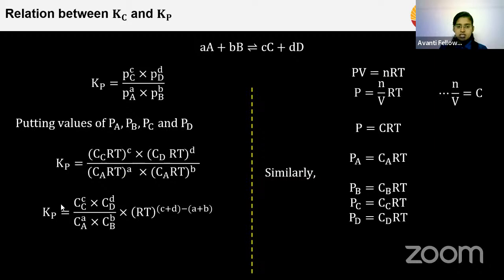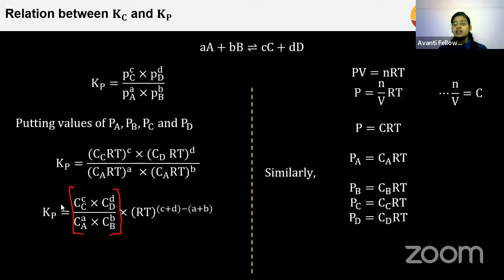What is this? Can anyone tell me what this term denotes? Can anyone find out what those 4 terms denote for this reaction? Very good, Rakshita.